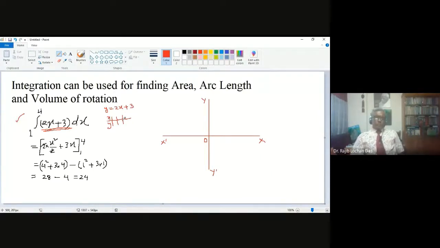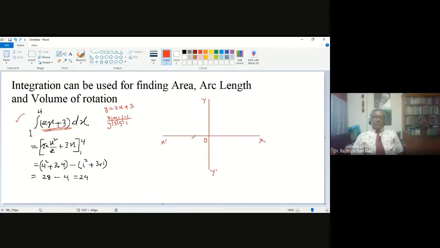So there are different ways actually. If you know this is the equation of a straight line, then fine. If you just put the x value, like 0, then y will be 3. If x is 1, y will be 5. If x is -1, y will be 1, something like this.